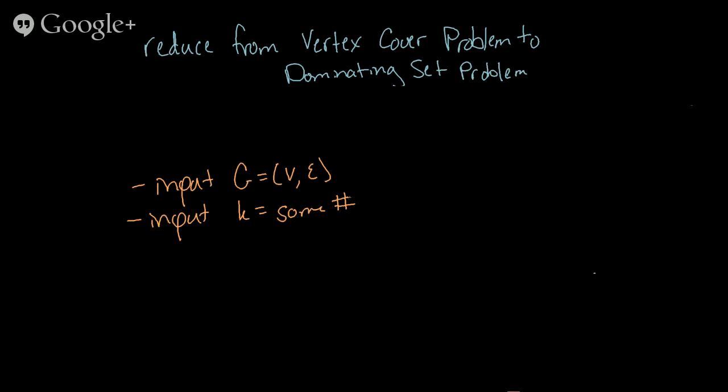Remember, these are just decision problems, so it'll either say yes or no. Yes, there is some set of vertices of size less than or equal to K that covers all of the edges for your vertex cover, or for your dominating set, yes or no, there is or is not some set of vertices of size less than or equal to K such that every vertex in G is adjacent to or is one of the subset of vertices.